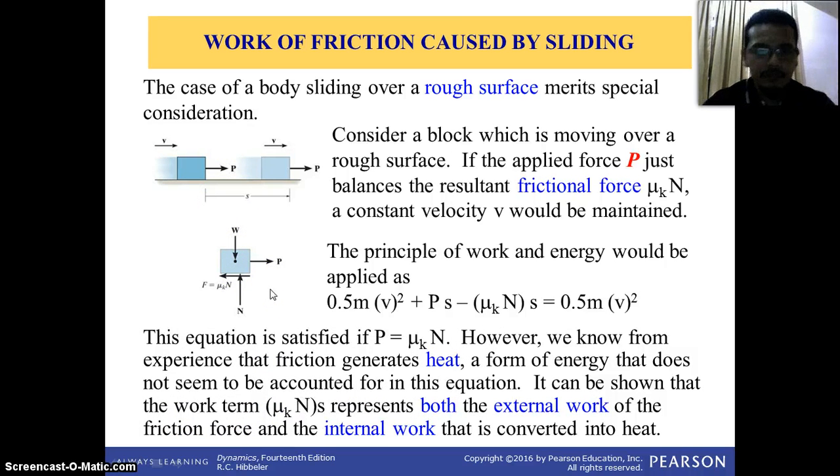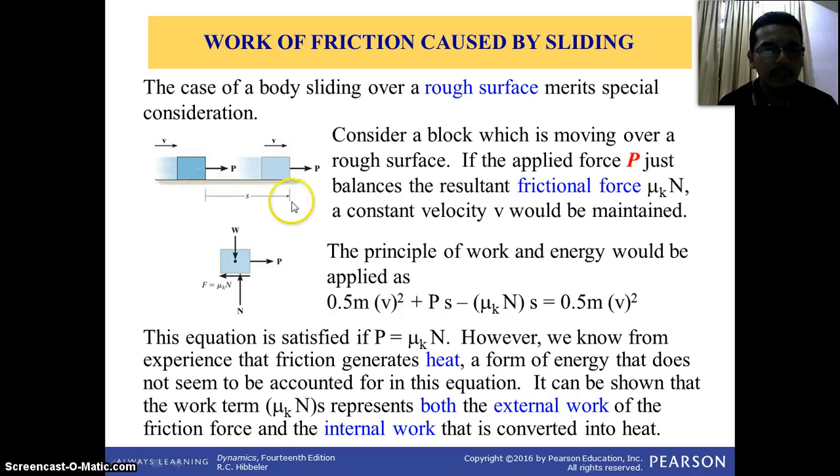Here, the principle of work and energy is applied as half m v1 squared plus P s. P is a force multiplied by the distance moved from the initial point to the final point, minus mu k N, the friction force. The friction force also does work on the object.